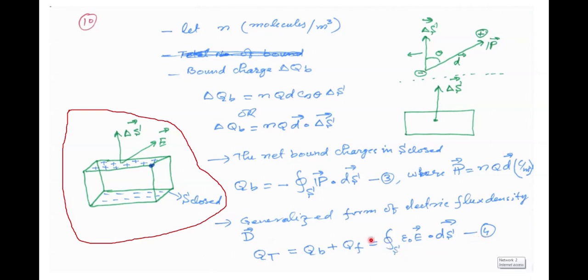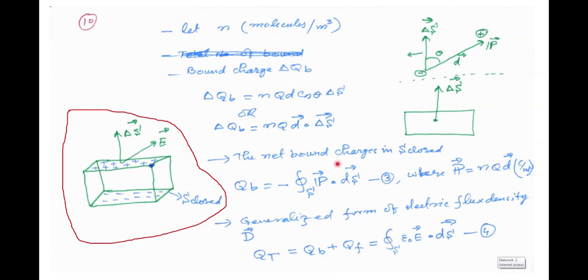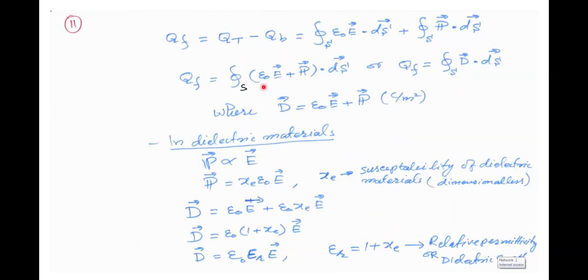Actually we are comparing the effect of free charges with the free space effect, with the charge in free space. So rearranging equation number 4, and using the bound charge relation, we obtain this relation.